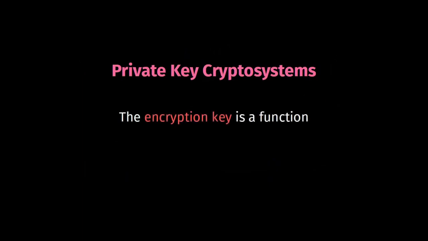The encryption key is a function, not any function, of course, but there are many which work well. Please check the links in the description below if you want to see some examples. We will recall some of them at the end of the video. This function, as expected, is taking the plain text, that is the message that Alice wants to send to Bob, and it transforms it into a hidden text that we call ciphertext.